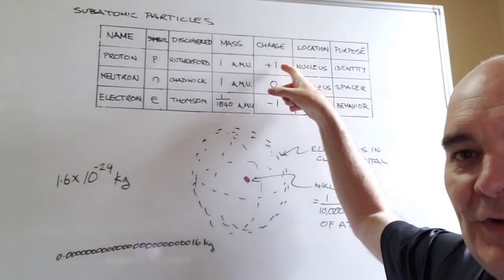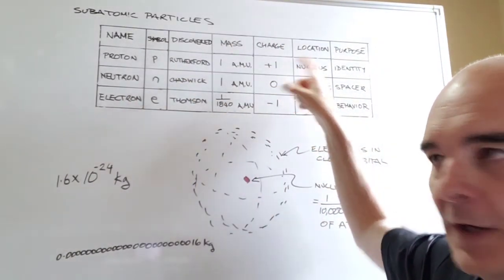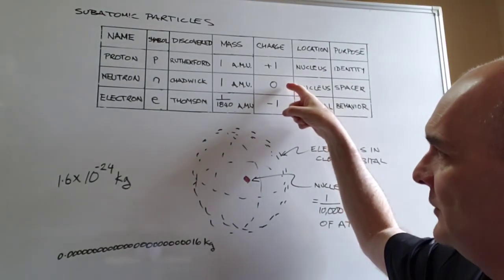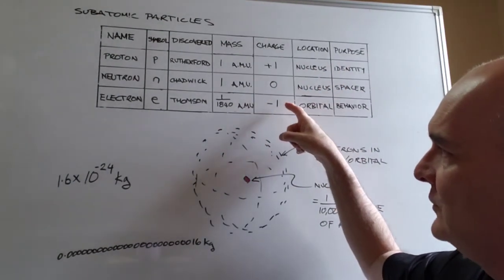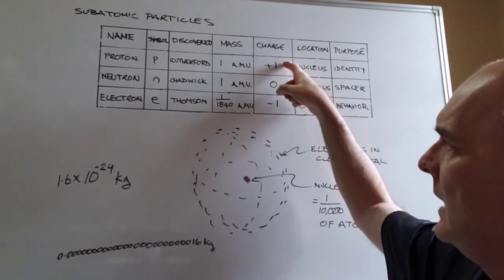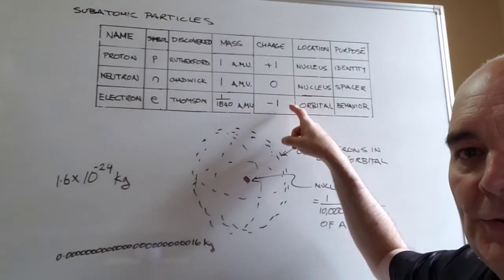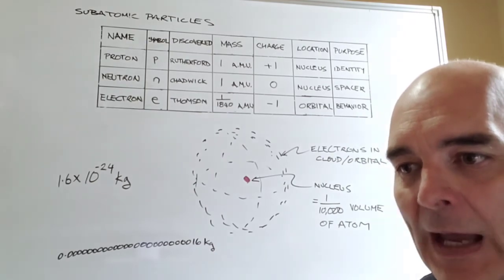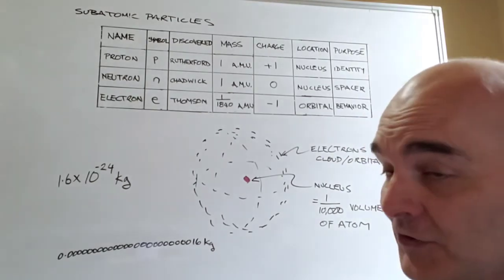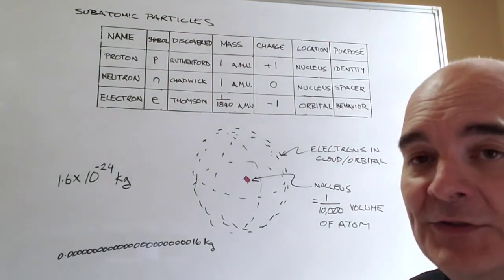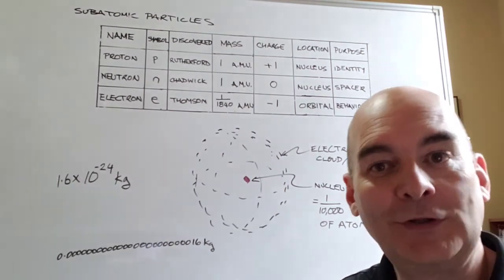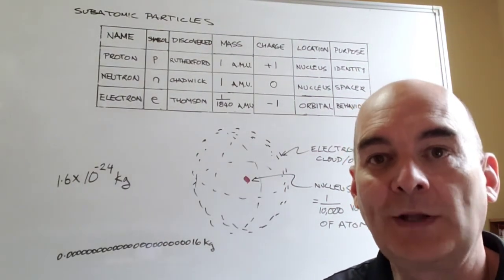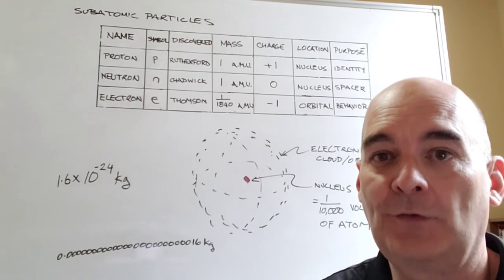Protons have a charge of +1. Neutrons do not have a charge at all. Electrons have a charge of -1. And this is going to be important because the protons and electrons have opposite charges and atoms don't have a charge. That means that however many protons you put in an atom, you're going to have to put the same number of electrons.